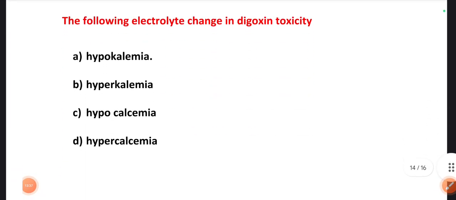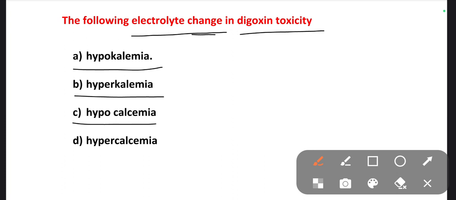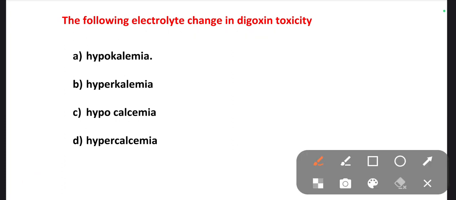The next one is the following electrolyte change in digoxin toxicity. Digoxin toxicity is nothing but an overdose of the digoxin drug. Options are hypokalemia, hyperkalemia, hypocalcemia, hypercalcemia. The right one is hypokalemia.